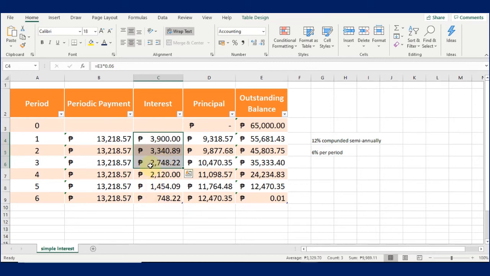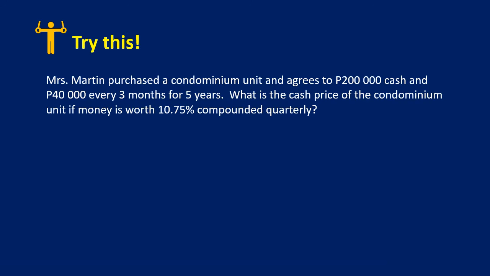Okay? And then as time goes by, more part of your payments will now go to your principal payment.